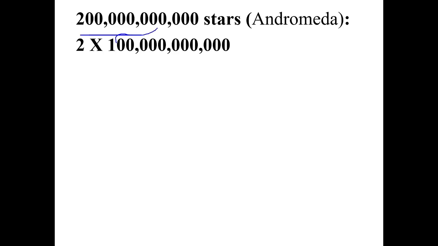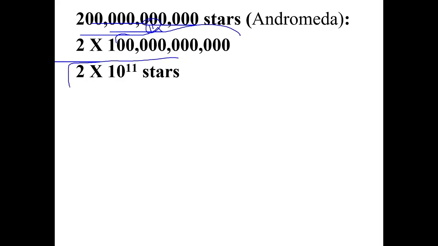But we counted zeros. We know there are 11 zeros. So because there are 11 zeros, we can rewrite it as 2 times 10 to the 11th stars. That's a lot easier. Astronomers use this all the time because they work with such big numbers.